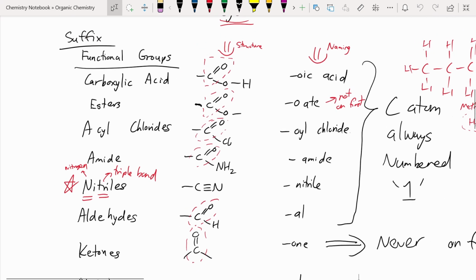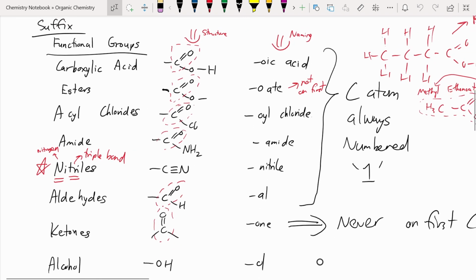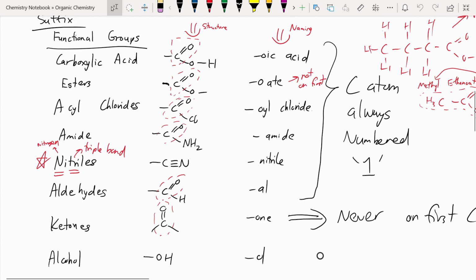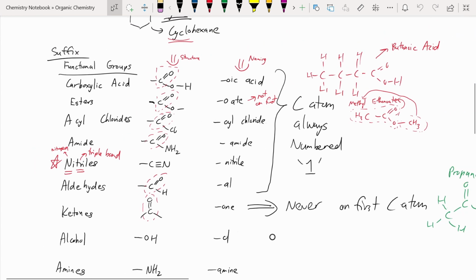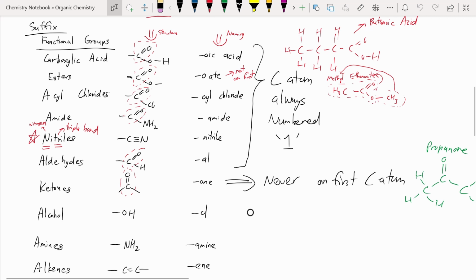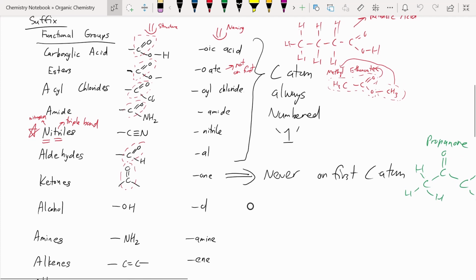So for naming these functional groups, this is the list of some of the functional groups you need to know. It's carboxylic acid, esters, acyl chlorides, amides, nitrile, and so on. You just need to know the structure and the naming, like oic acid, ol, chloride, amide, and so on, and the structures.